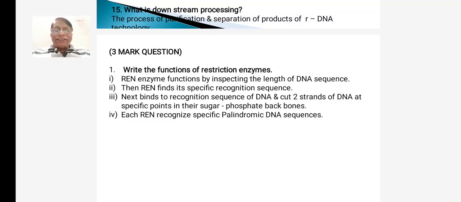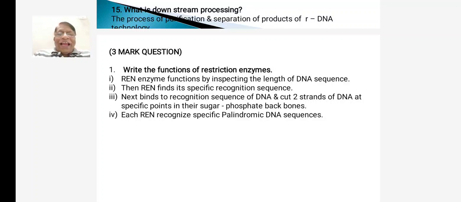Six bases on the DNA molecule form the recognition sequence. So now the enzyme, before functioning, identifies the specific recognition sequence.